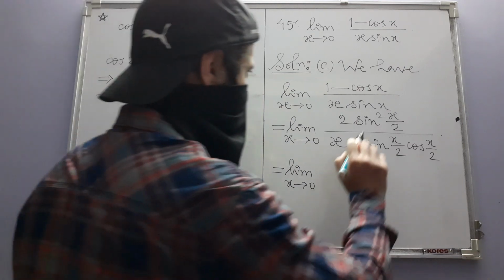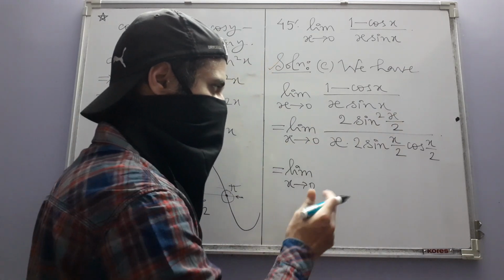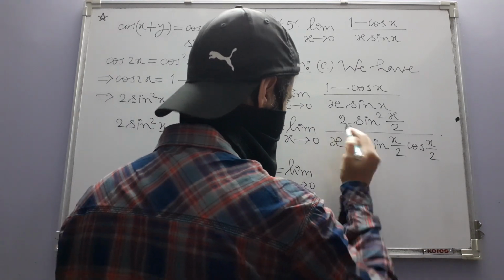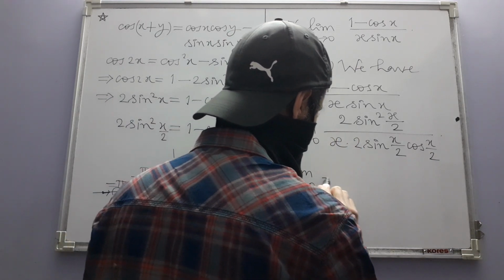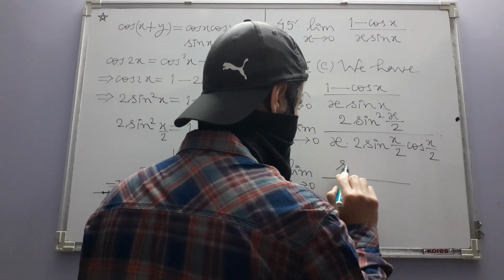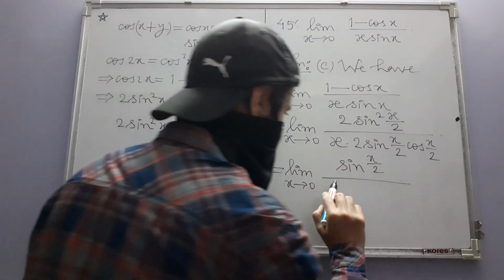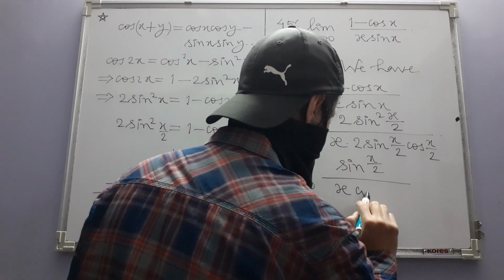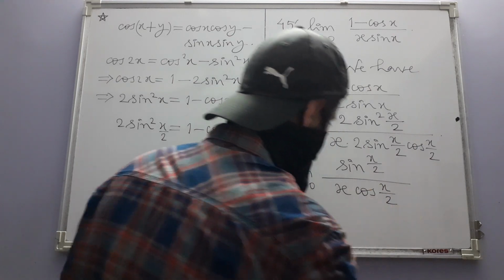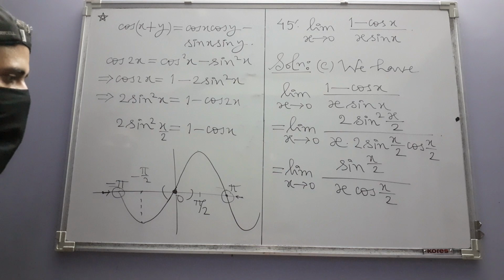Okay, so that means we can cancel sin x over 2 and sin x over 2. And 2 and 2 of course they also cancel out. So that means we have this and this and this. But now what?